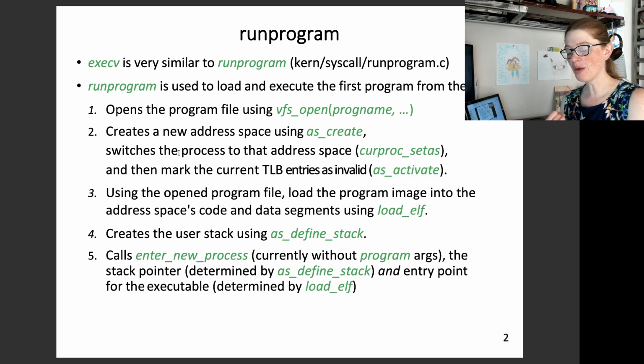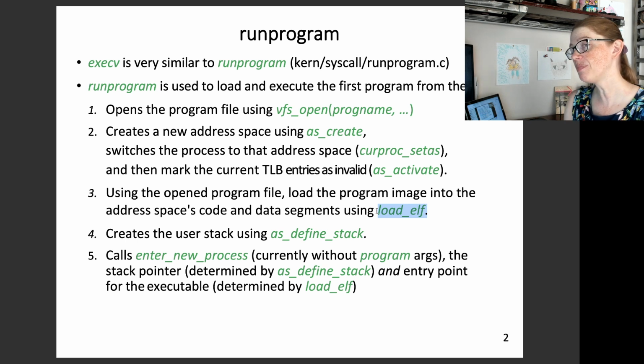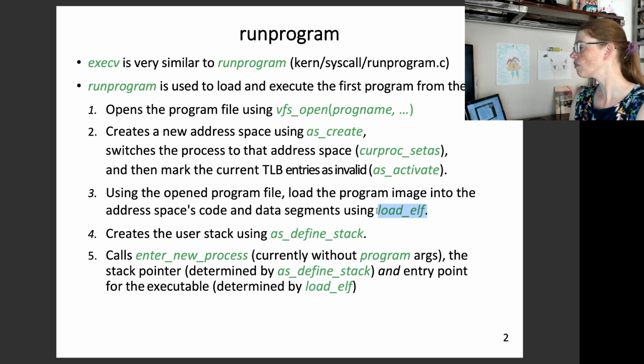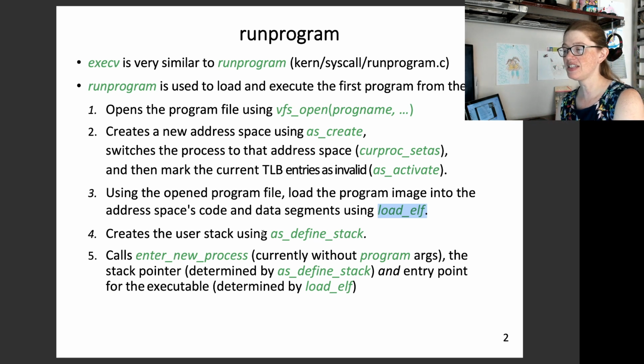So we've got our process structure. We've opened the program, got a handle to it. We have created an address space and cleared a cache, but we haven't actually loaded the program into the address space. So the next thing that runprogram does is call a function called load_elf, which is going to load the binary program that we've opened and load its contents into the actual address space. Then once that's happened, we have to create the stack.